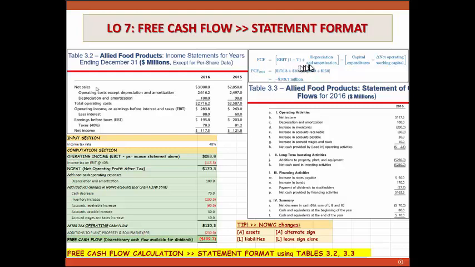Now, this would give you a measure of traditional cash flow. What free cash flow does is to go one step further by deducting the necessary capital expenditures that the business would make to maintain productive capacity. In other words, equipment wears out, and to be able to make as much as you did before, you have to replace equipment that's worn out. That's what this capital expenditure is for.